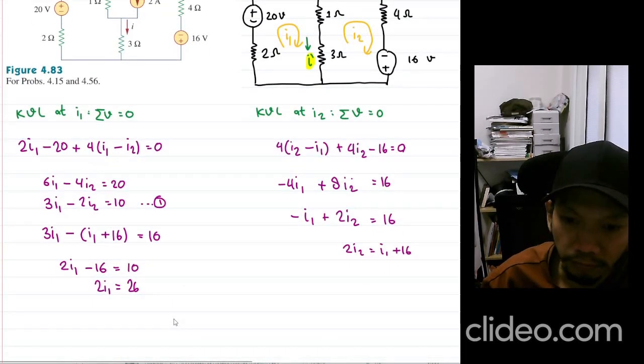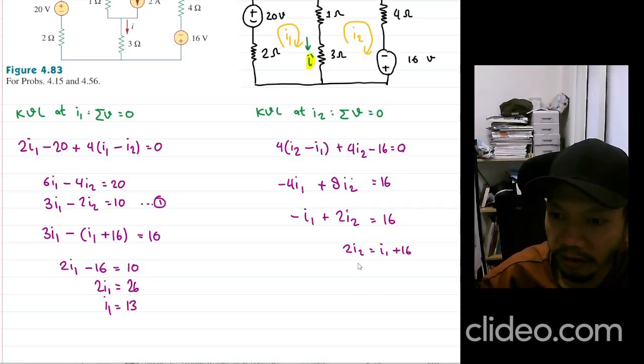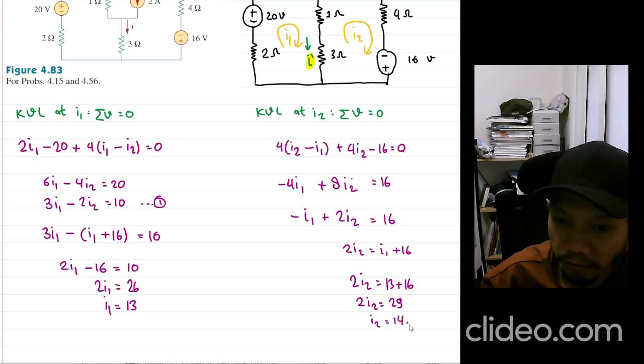Therefore I1 will be 13. We can get I2 from here: 2I2 is equal to 13 plus 16, or 2I2 is equal to 29, or I2 is 14.5.